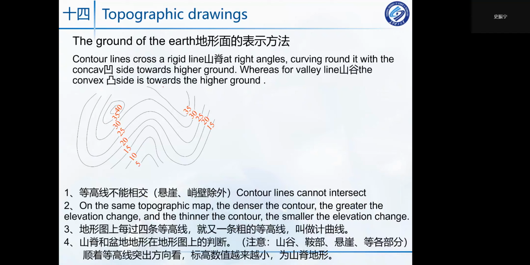Okay, and as for this one, this one is the top of the mountain, and this one is a valley.